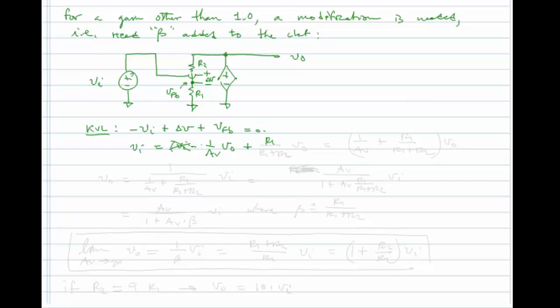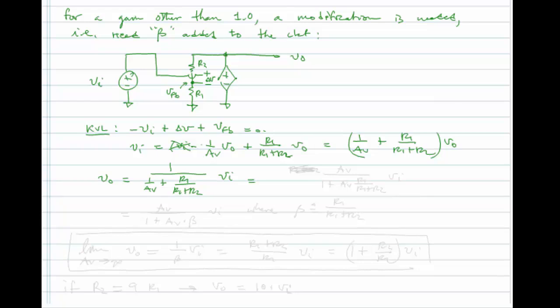It's R1 over R1 plus R2 times V out. So I'm going to solve for V out, and I can write V out is equal to 1 over (1 over AV plus R1 over R1 plus R2) times VI.